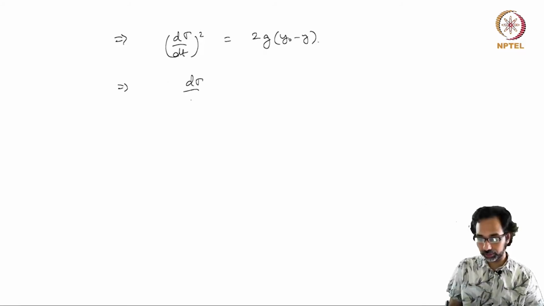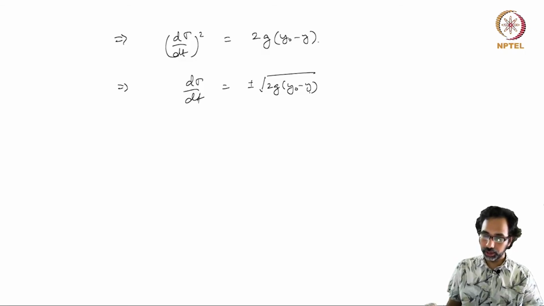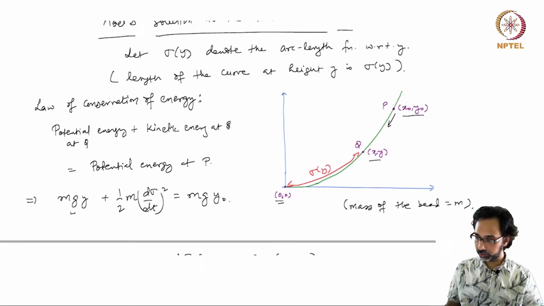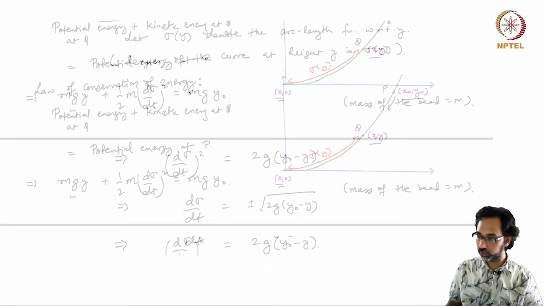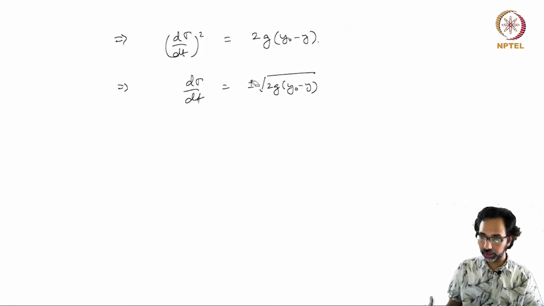So this implies that d sigma over dt equals plus or minus square root of 2g times y0 minus y, but we know that the arc length will decrease over time, because when you start from P and go down, the arc length gradually will decrease to 0. So it must have a negative sign.